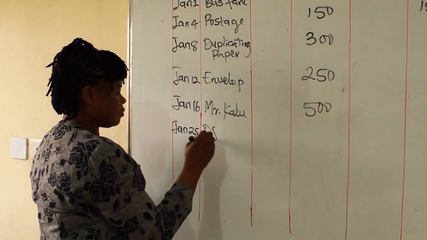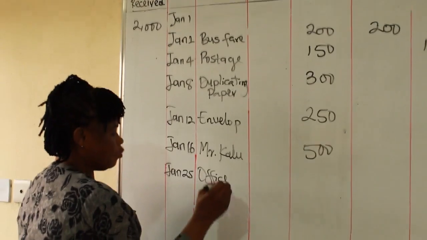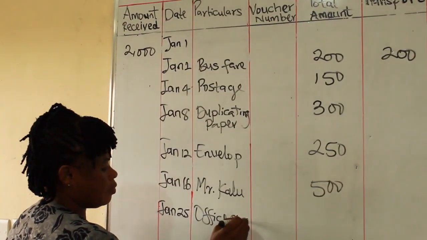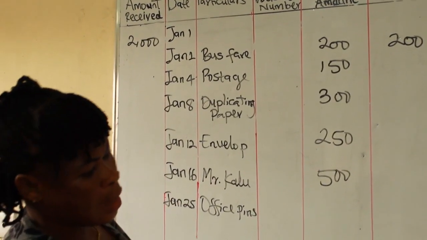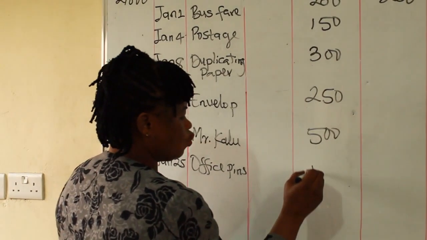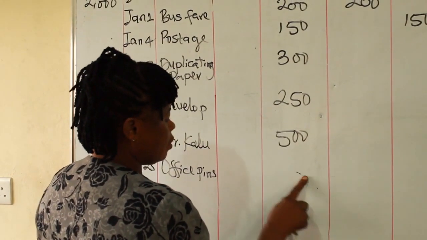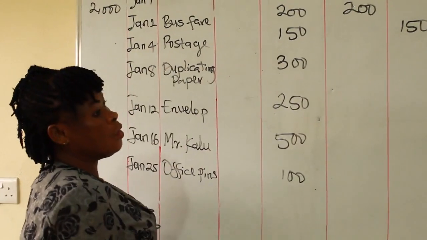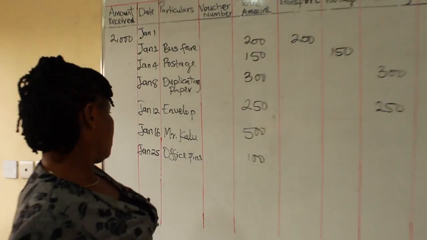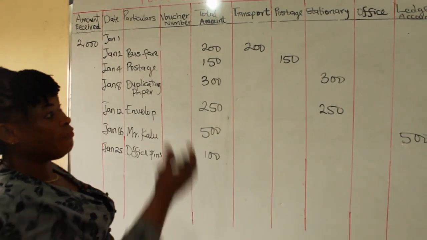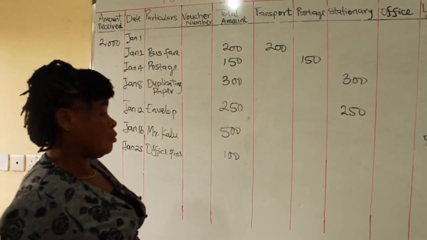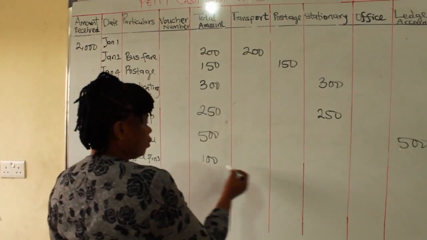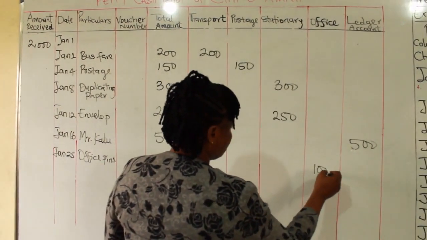Office pin is the transaction that took place. And the amount is 100 naira, which will come under the total amount first. Then you locate where it belongs. We have office on the column. You take it to the office column. 100 naira.